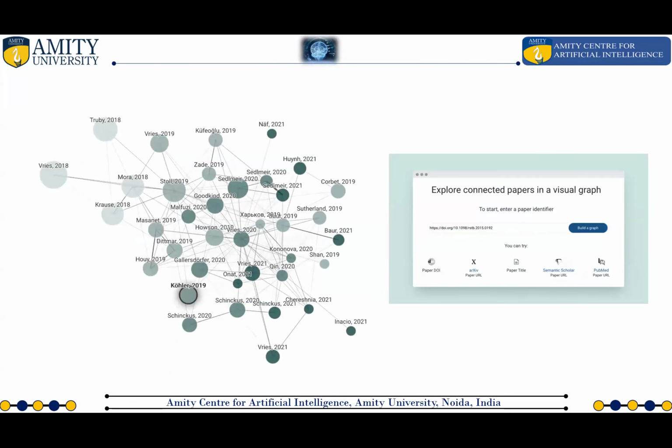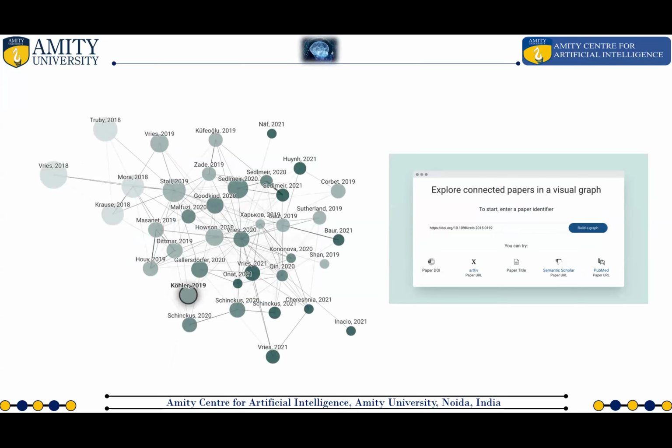And this is what I was talking about, that this is a visual mapping of Connected Papers. Whenever we upload a document, it will give you a connected mapping for that paper to the other academic papers related to that particular domain. It is actually very fascinating.